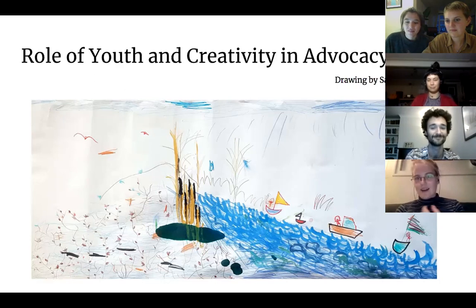And RE-PEAT focuses on peatlands, but peatlands are also just this microcosm, this accumulation of a lot of different issues that are happening at the scale of peatlands, but can be expanded to so many other scales as well.